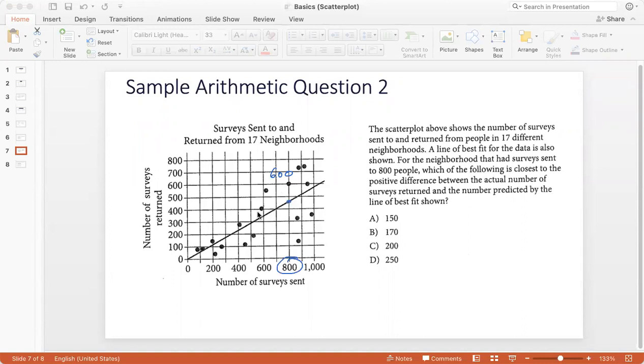So this is very similar to the previous question. So I'll take this as 460 maybe. Yeah, 460. So what is the difference between 600 and 460? That's 140, right? So from the options, the closest answer is 150, option A.